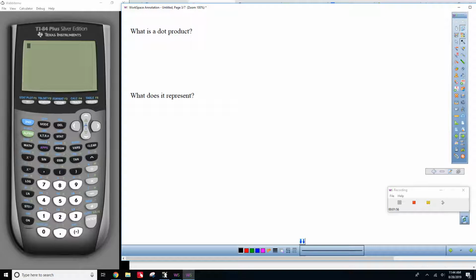Now, what is a dot product? A dot product is like a compatibility test. If we've got a vector U and a vector V, and the angle between them, remember that vectors have no position, so you can place them anywhere you want. It's often very convenient to put them so that their initial point is in the same spot.